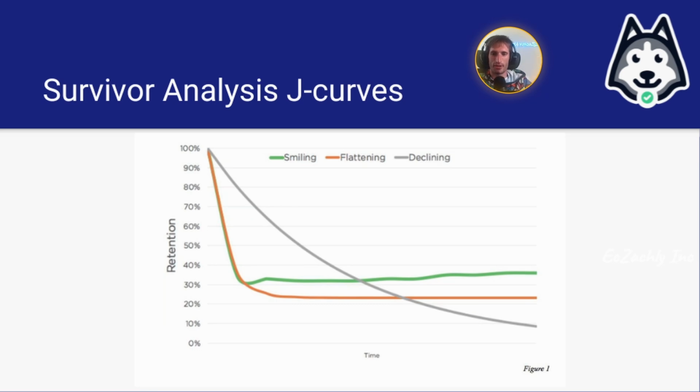And you see at the top here how everything starts at 100%, because the fundamental component of this analysis is what's considered a cohort or a reference date. So it's a date that everyone is on the same page. A lot of times for growth, that's the sign up date for a user.